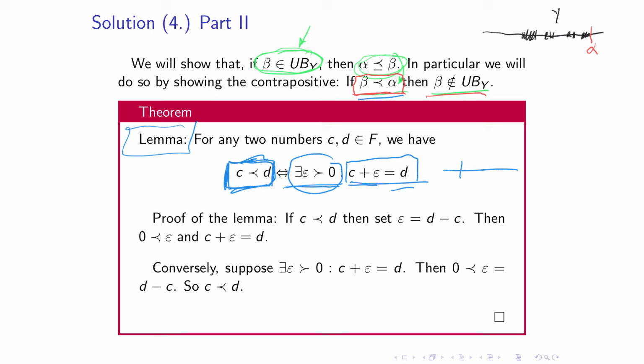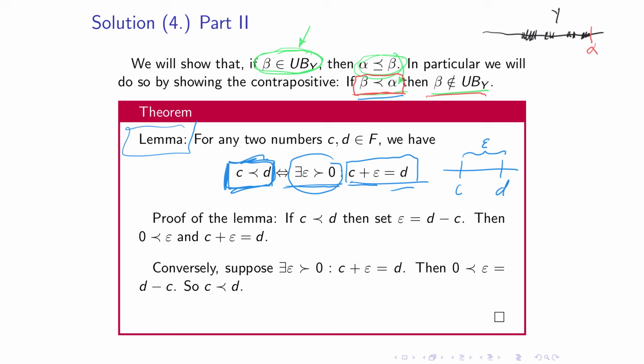So, thinking about the number line, putting C over here, D over here, this gap between them is epsilon, right? C plus epsilon equals D. So epsilon represents the distance between them, or, in another way of putting it, by just how much C precedes D. And these go vice versa.